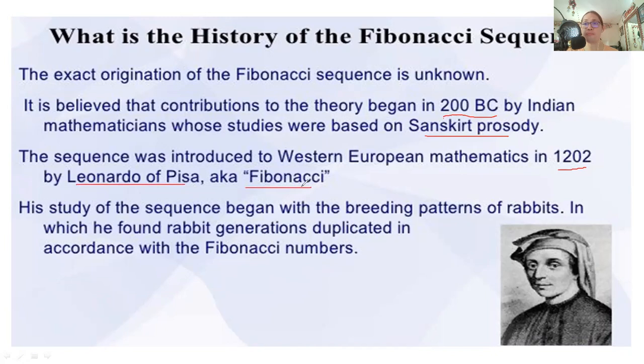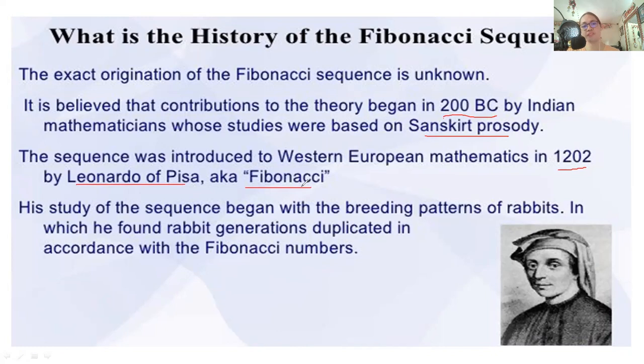So Leonardo of Pisa and Fibonacci are the same person. Leonardo of Pisa, aka Fibonacci, was the one who introduced the concept of the Fibonacci sequence to Western European mathematics.